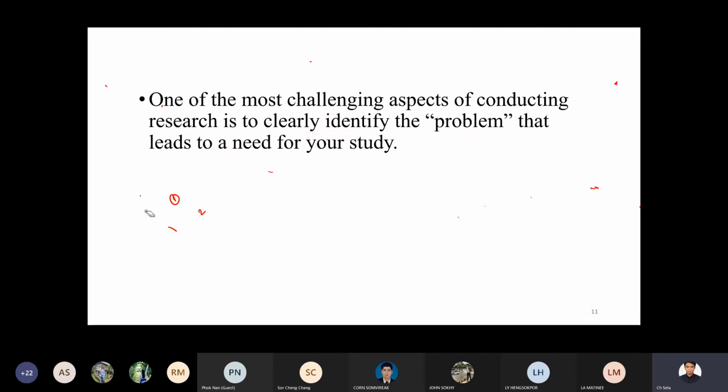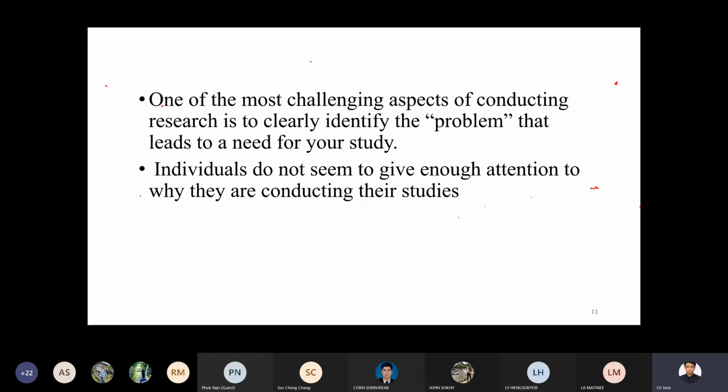Okay, let's go to the next one. Individuals do not seem to give enough attention while they are conducting their study. Most of this happens to students. They don't give enough attention because, first, research is not interesting.